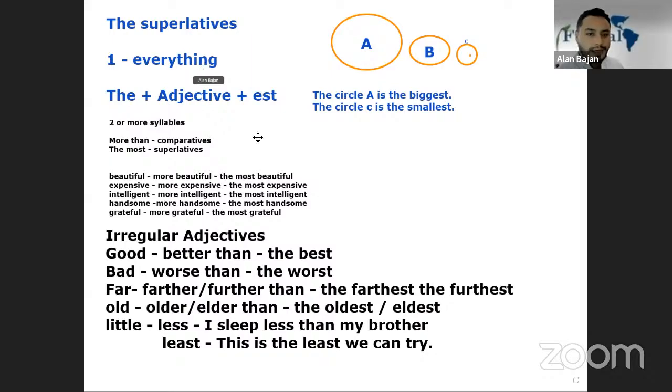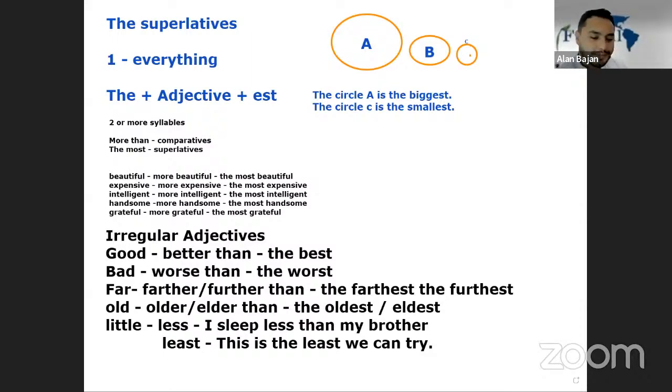And careful with this class because I have heard a lot of mistakes. Because in Spanish we say es más bonito, más inteligente, es más chiquito, más grande, is more big. Yes, teacher, my house is more big than my other house.